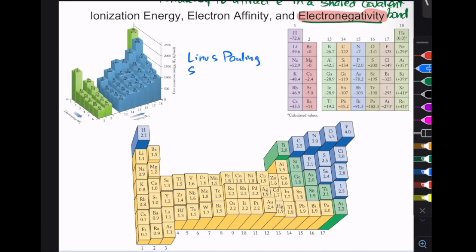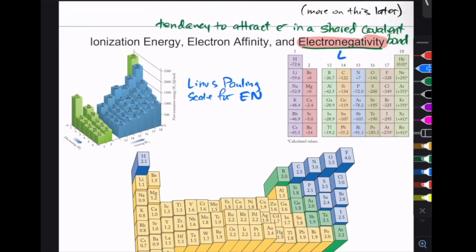This is a scale for electronegativity. I'm just going to abbreviate that EN. So here, electronegativity EN. But just so you know, this is electron affinity here, and ionization energy was over here. So there's a Pauling scale for electronegativity, and this is a general scale.